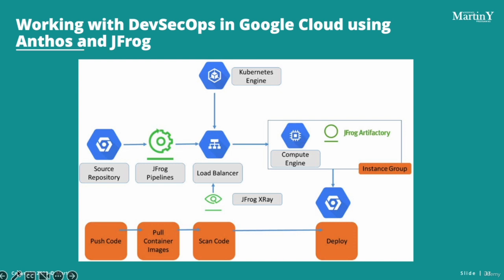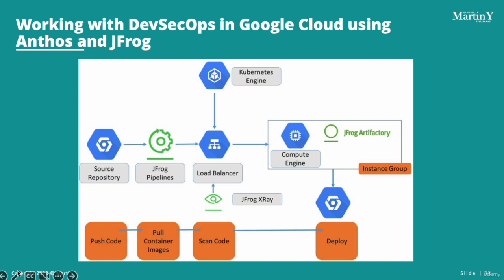So JFrog is basically using Xray as the main security solution that is embedded in the pipeline. Builds are taken and then pushed to production using Kubernetes on Google Cloud Platform and on a platform called Anthos.